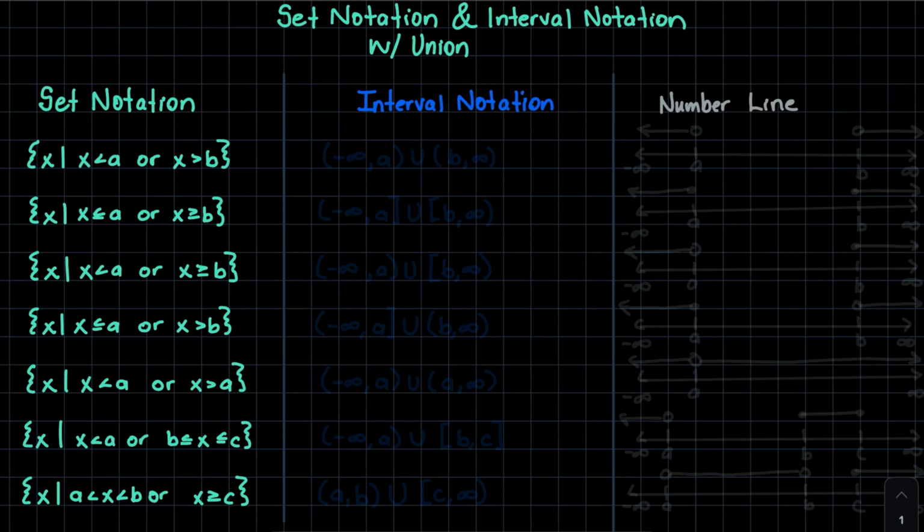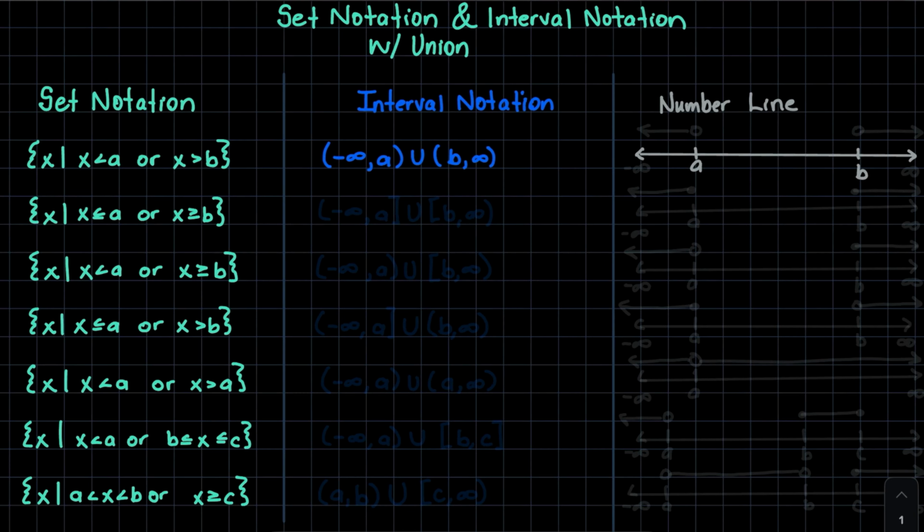In part 1, we learned x is less than a translates to -infinity to a, "or" translates to union, and x is greater than b means b to infinity. And the number line gives you a visual of how that comes together. A, B.